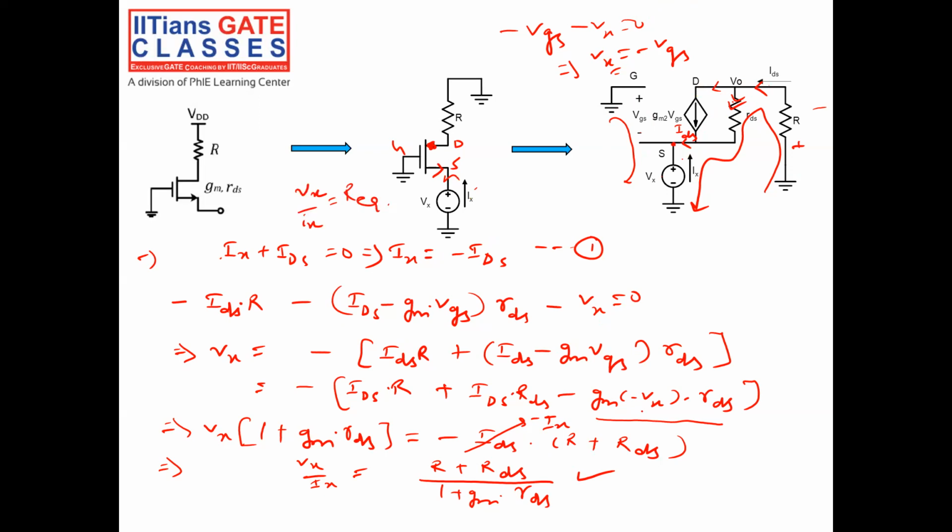I put here minus Vx. And IDS is nothing but minus Ix. I put that here. Putting this, you can easily solve it and you will get Vx by Ix equal to R plus RDS by 1 plus gm into RDS, the resistance looking through this source. Okay, this is a very great question.